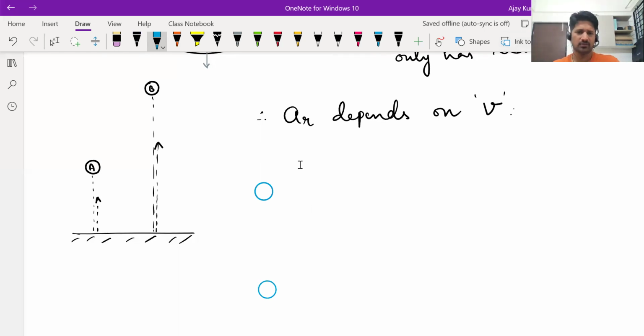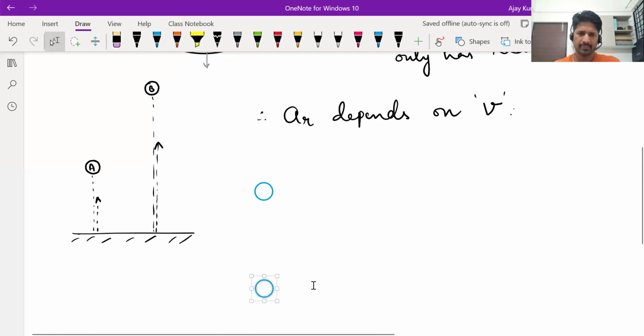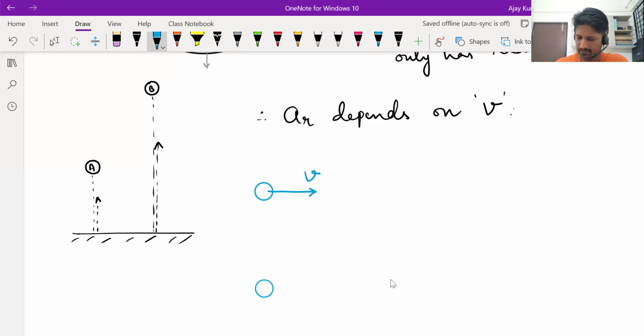You can think of this also as vehicles moving in two different situations. Let's say both are moving with equal speed.